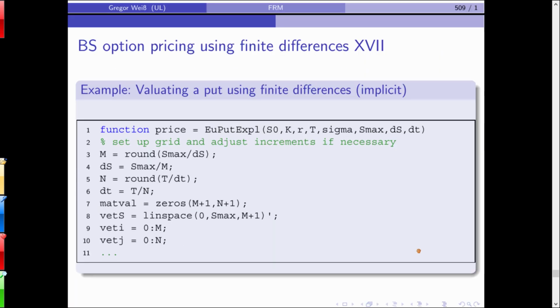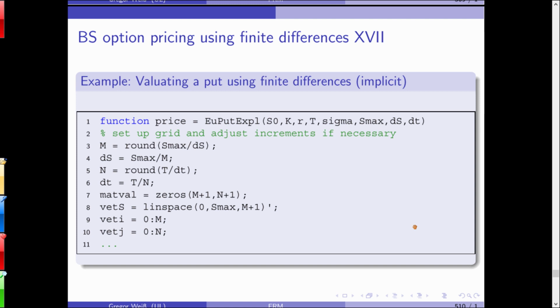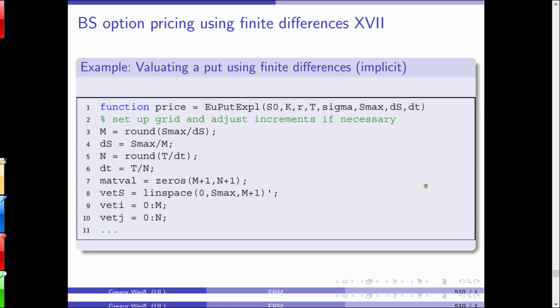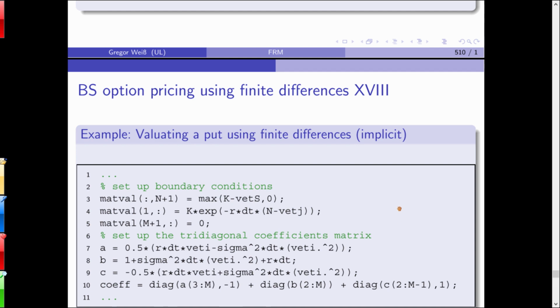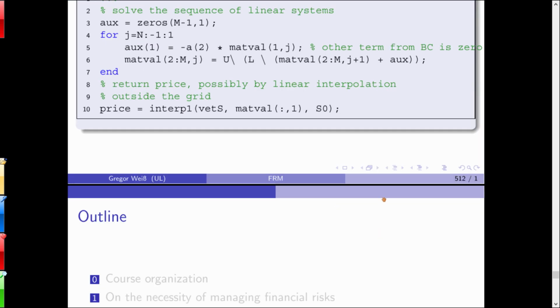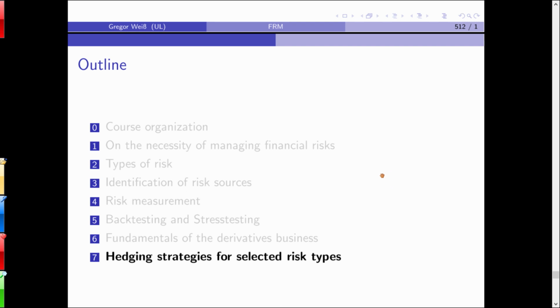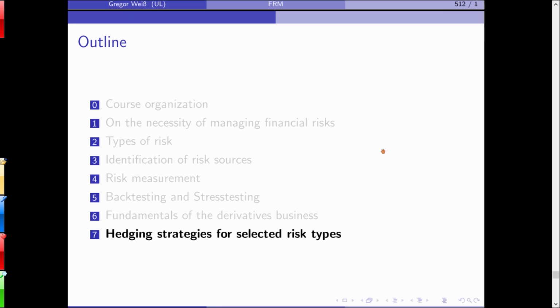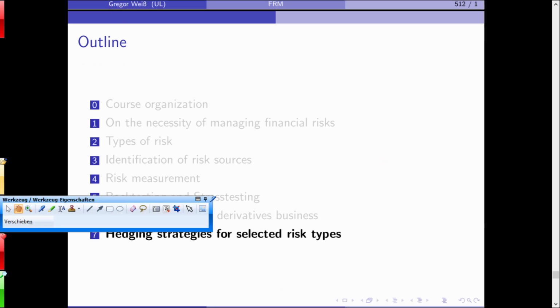And then this is the implicit scheme here in MATLAB. Again, you need to set up the grid. You need to set the boundary conditions, and you have to code this implicit scheme, and in the end you will again get an option price. And then you can solve for this numerical instability, and this is finite differences.